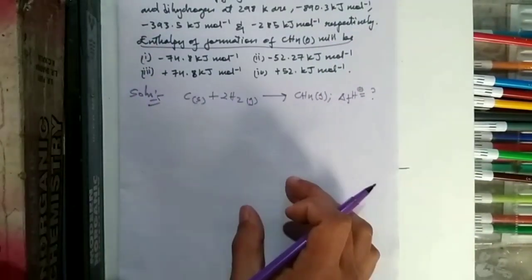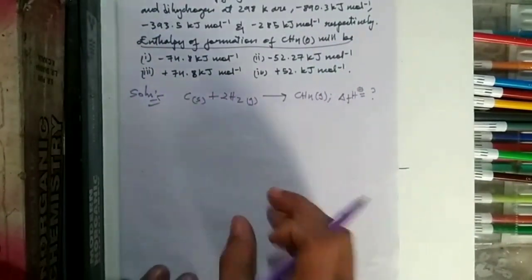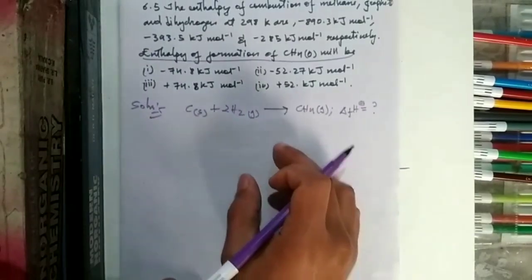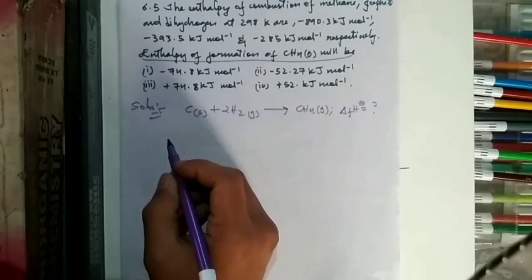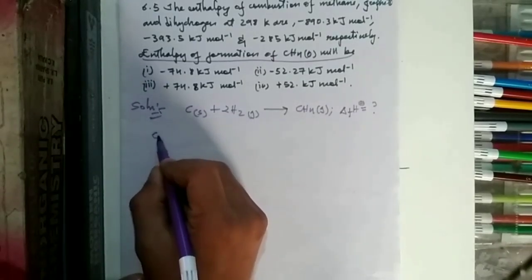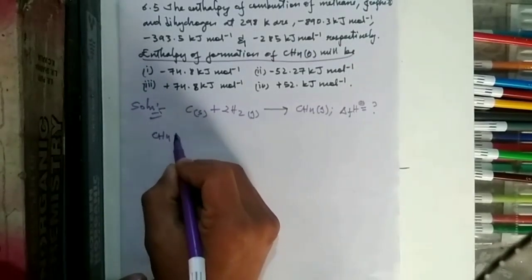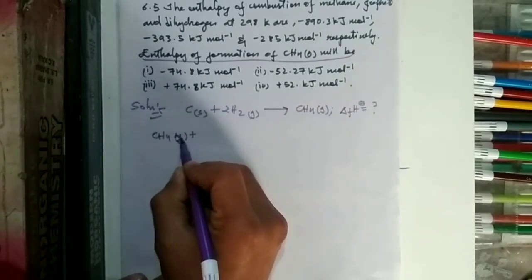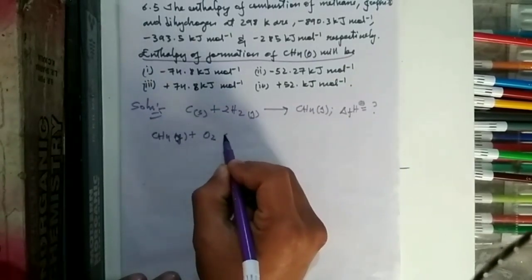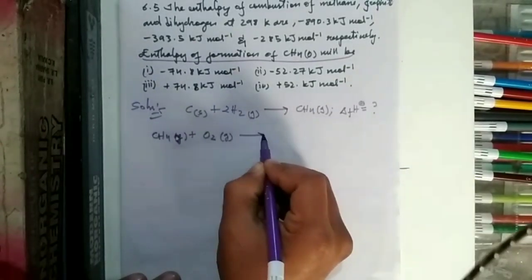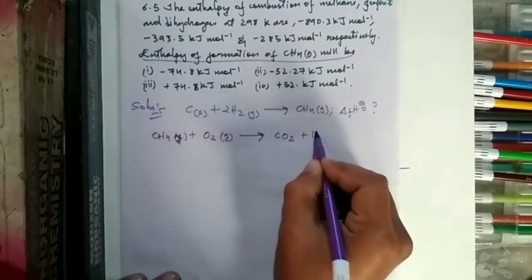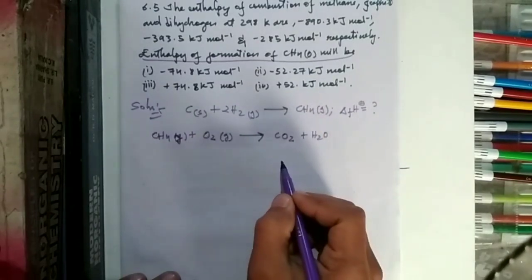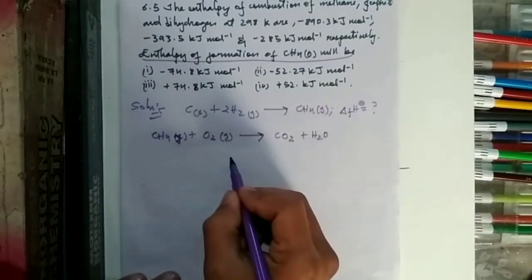Now combustion means heating in the presence of oxygen. So, combustion of methane. Let's write the reaction. CH4 gas plus oxygen gas will give carbon dioxide and water. Just balance this reaction.